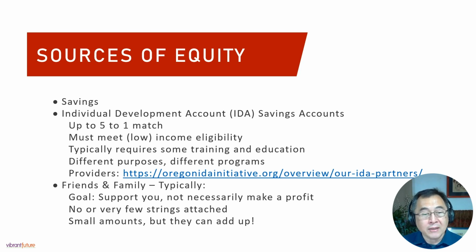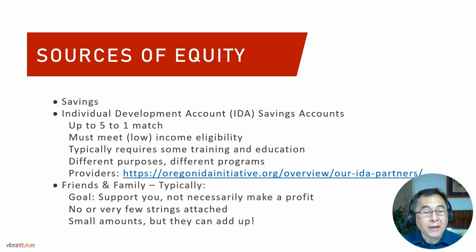These types of accounts typically have a low income eligibility requirement. So if you make too much or you have too many assets in your name, you may not be eligible for these IDA savings accounts. These accounts also typically require some training and education, meaning that you make a contribution to this account, you then have to participate in some training and education programs before you get the match.